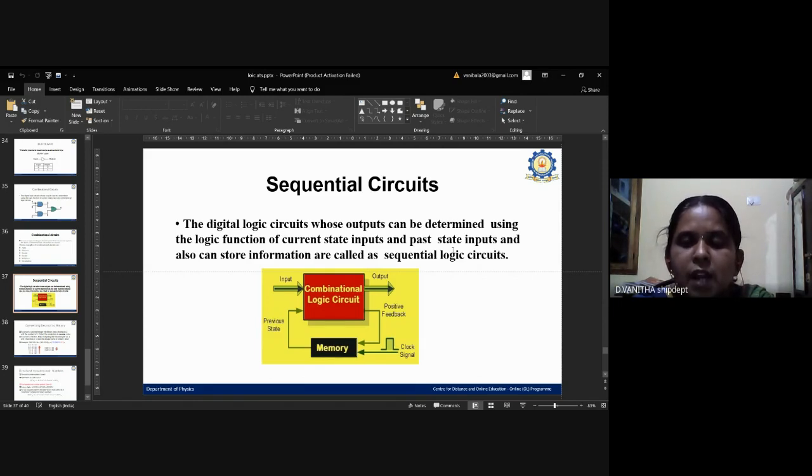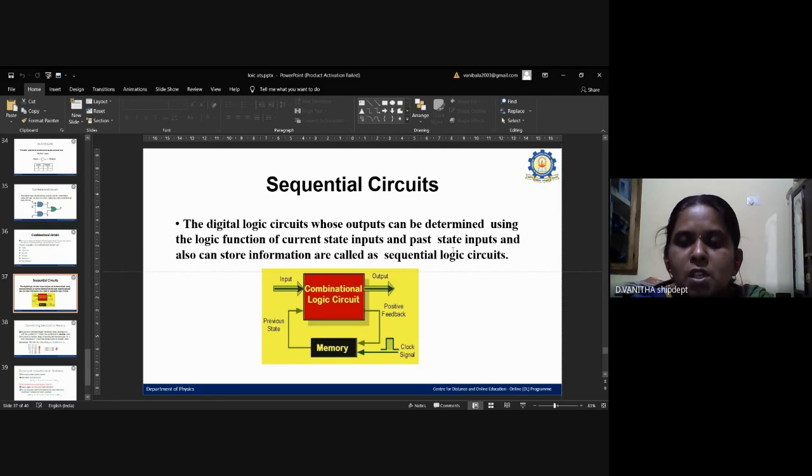NAND and NOR gates are called universal gates because we can produce other types of gates by using NAND and NOR gates. That is the only reason they are called universal gates.